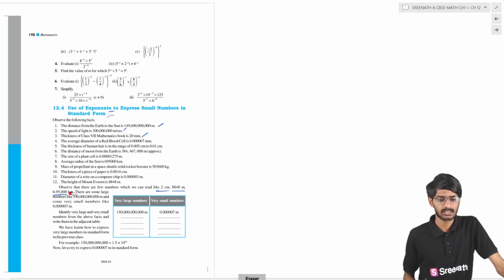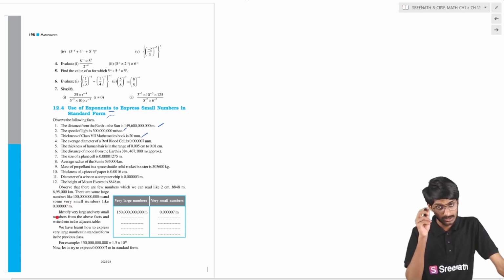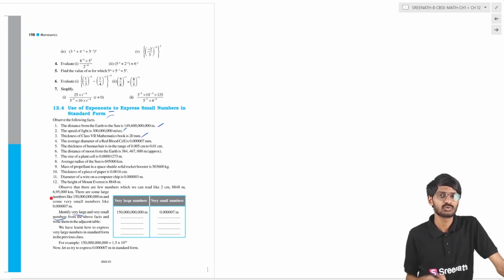So these are numbers like that students. So we have to identify very large and very small numbers. So this is the small number and this is the very large number. So we have to identify both these numbers from these figures, and you have to write like this. So 1 lakh is the biggest number, a very large number. This is the smallest number students.